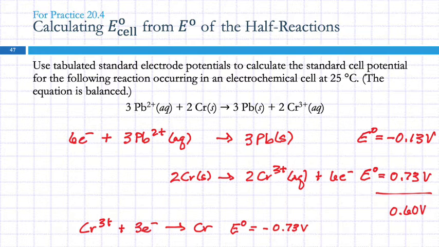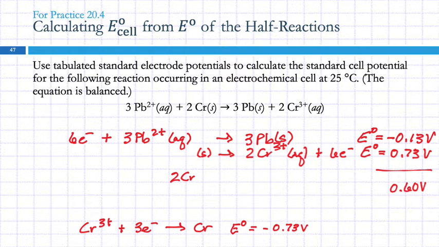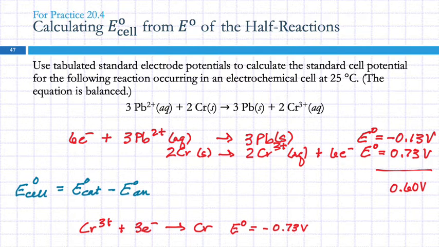I'm just going to talk through the other way of looking at it. So I need to give myself a little space here. What the book is talking about is that the cell potential is the standard potential of the cathode minus the standard potential of the anode.